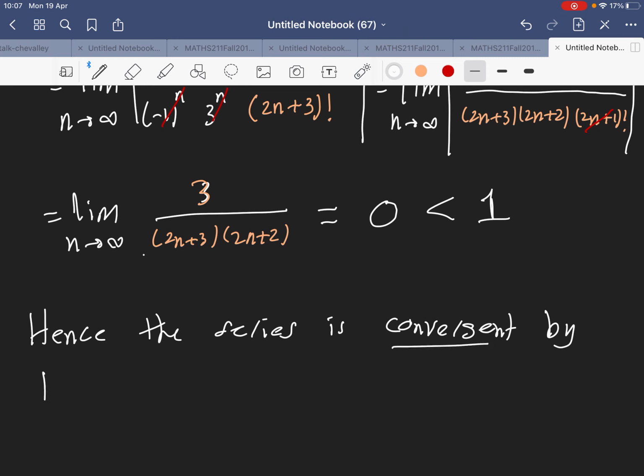So it's convergent by the ratio test with L, 0, less than 1.